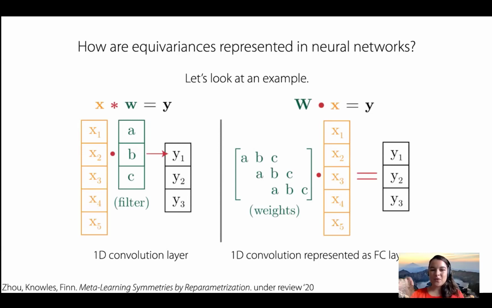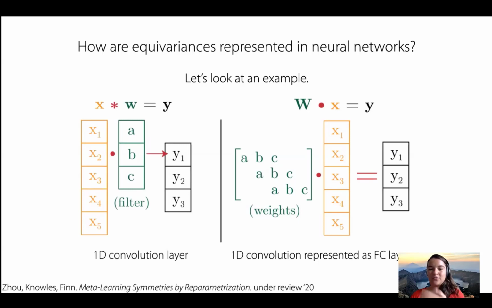Okay, so now that we have a mechanism, and actually it's worth mentioning that you can also do this with things other than convolutions, such as other rotationally equivariant functions as well. You can always construct a fully connected layer that has the same sort of equivariance as that original function.